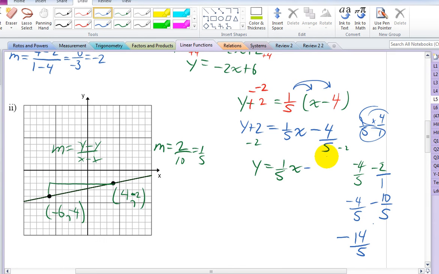And so it's going to be -14/5, and that's your answer. And it totally makes sense, because if you look at your graph, your y-intercept is -14/5. That's like -2 4/5, and you're almost at -3. That's totally right. So you can always double check this by a graph. Is this correct? Okay.